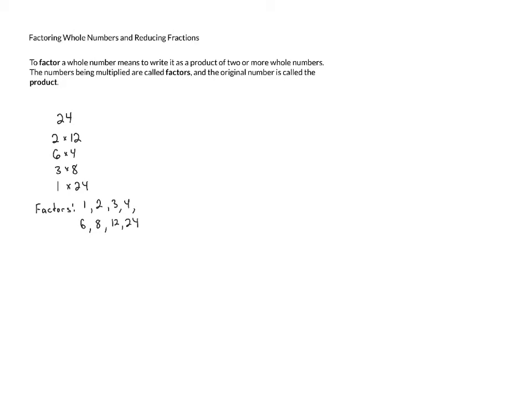Let's take a look at the number 7. Let's factor that. Well, the only way we can do that is by writing it as 1 times 7. There's no other way of breaking it down. And so here the only factors are 1 and 7. And there's a big difference between these two numbers.